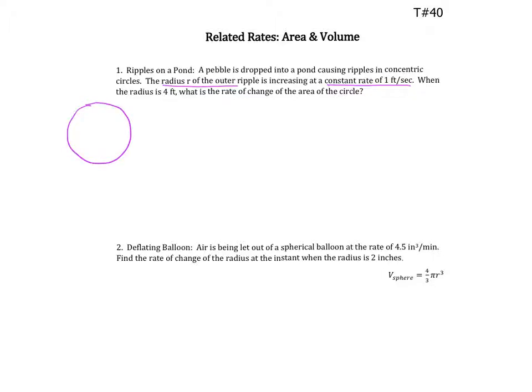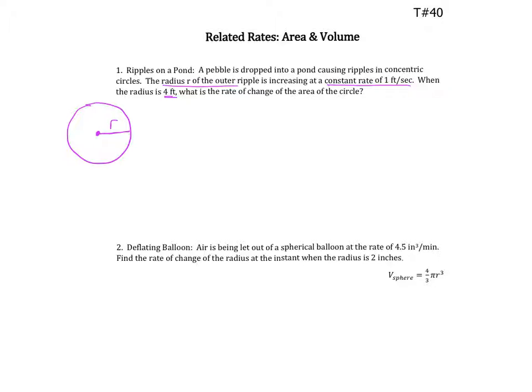When you label things on your picture, you do not label any numbers unless that number is a constant. So when I label that radius r, notice I don't put that it's 4 feet, because that's in one particular moment. So really the only picture I have is this circle.